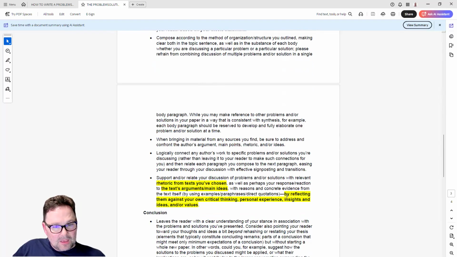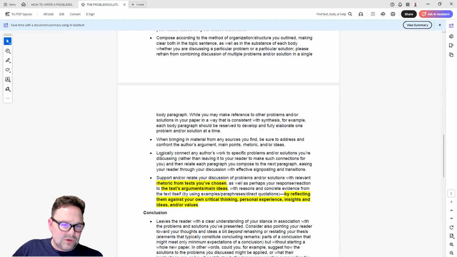Try not to neglect discussion of rhetoric. And again, that's a key point of our course this semester. As you're describing the problems from and reflected in your sources, maybe you could talk about how they're presented rhetorically or the rhetorical work that they're doing as the problem is laid out for the audience.